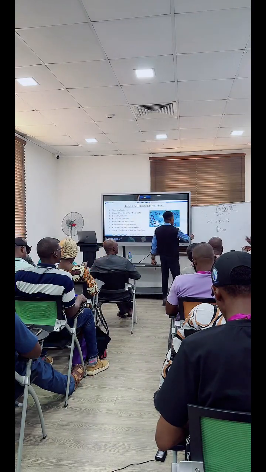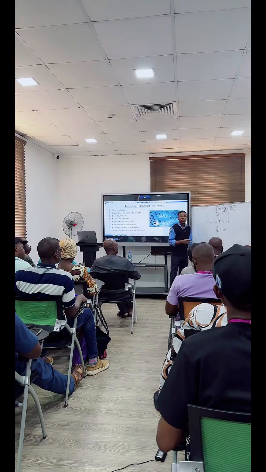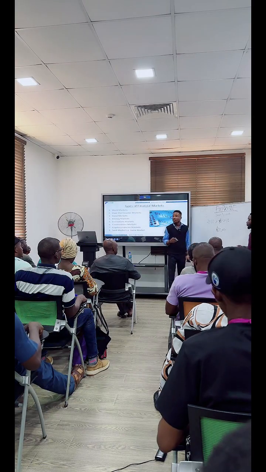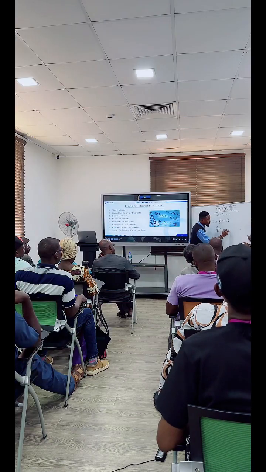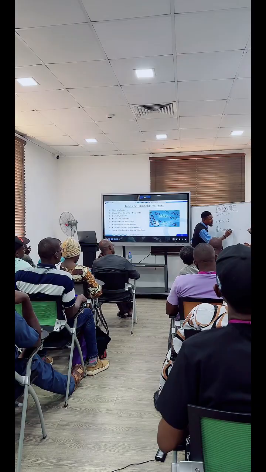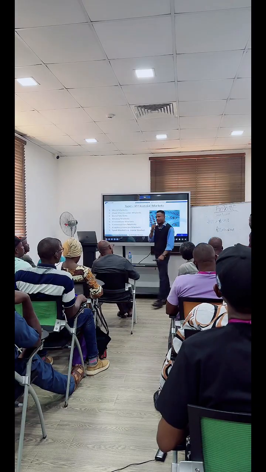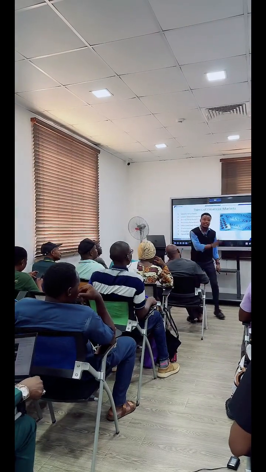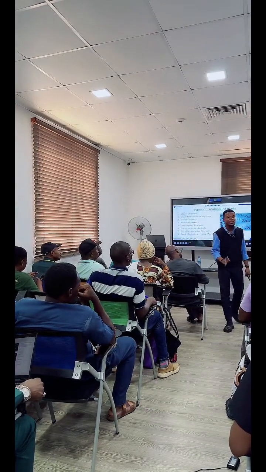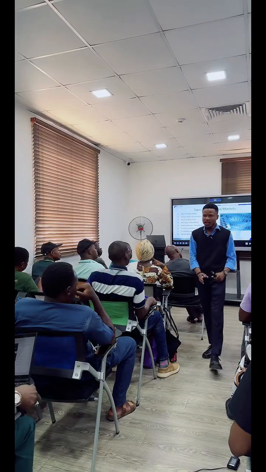So how do you do that? 1 million. So $10,000 in 2010 was how much? 1.2 million naira. So it simply means if I have 1.2 million naira in 2010, I have $10,000. Are you following me?